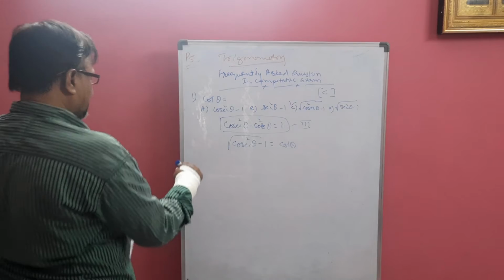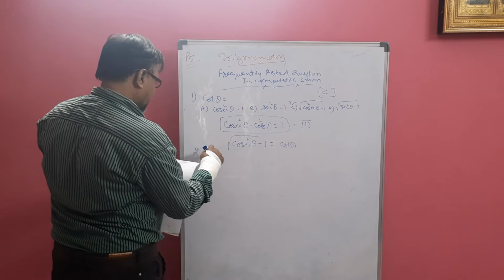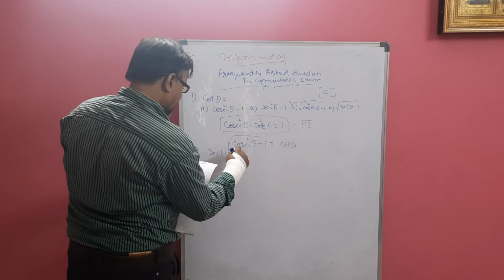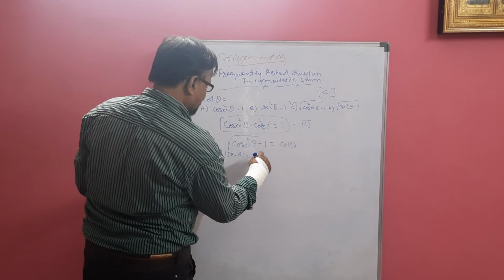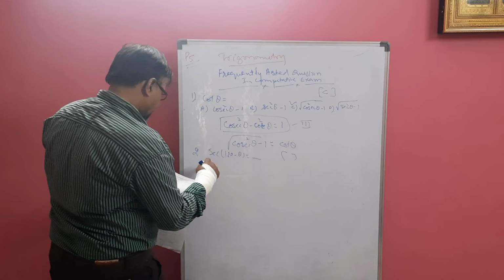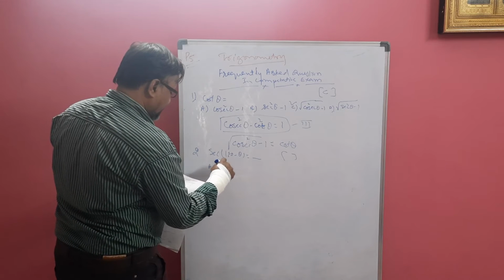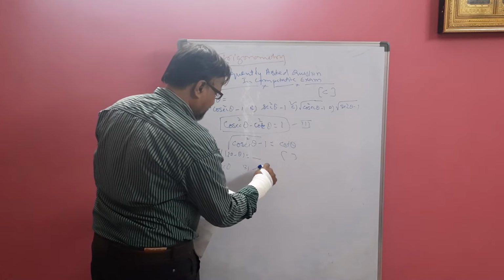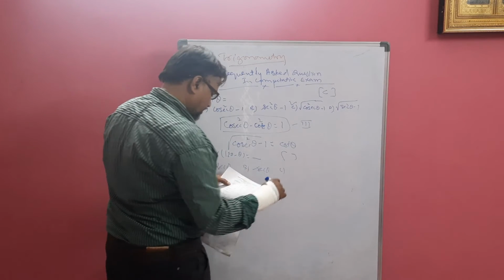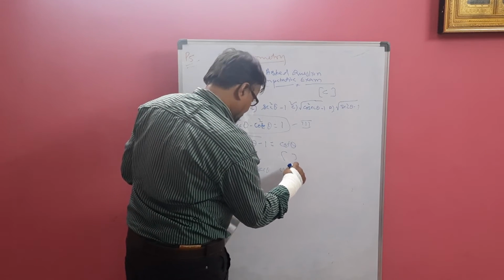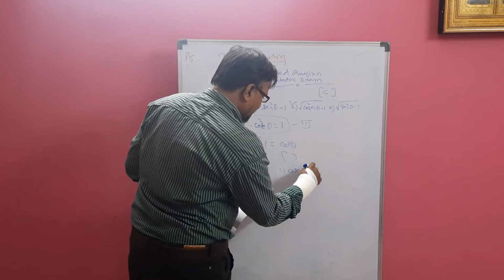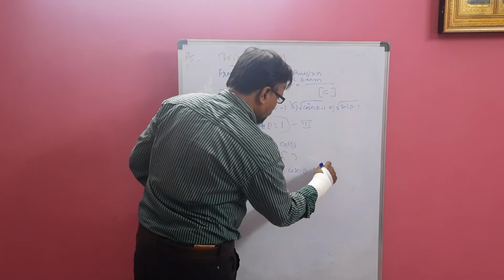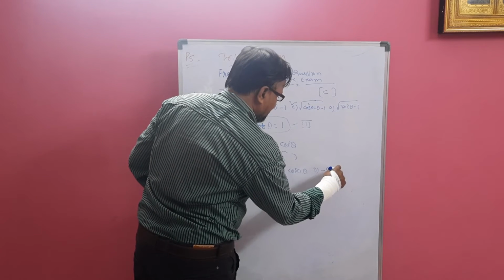Now the second bit is there: sec of 180 minus theta equals dash. The first bit is given sec theta, the second bit is given minus sec theta, the third bit is given cosec theta, the fourth bit is minus cosec theta.